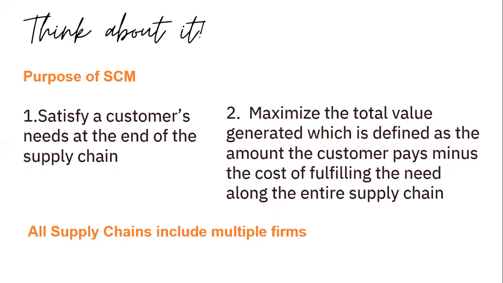One very important thing for you to note is that any supply chain usually has multiple firms. Let's just look at the term supply chain management. There are three words. The first one is supply, and of course it's about meeting the end customers' demands, so that makes sense. The next word is chain. If you ever look at a chain, there are usually at least three different links for it to be called a chain.